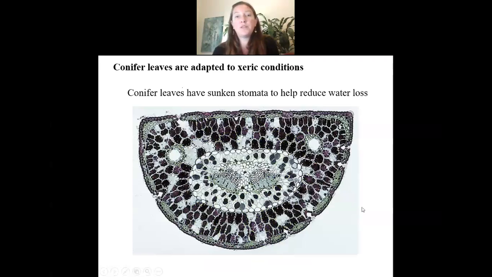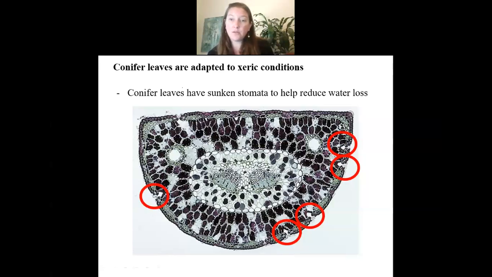So the main reason that conifers can live in dry environments is because they have sunken stomata. So remember the stomatal apparatus, the hole with the guard cells on the outside that regulate the opening and closing of the hole. Here I've drawn circles around all the stomatal apparatuses, and they're actually sunken below the epidermis.